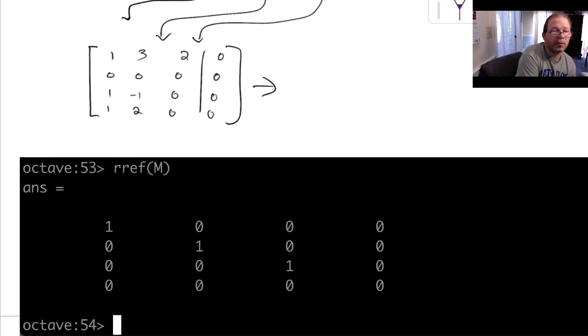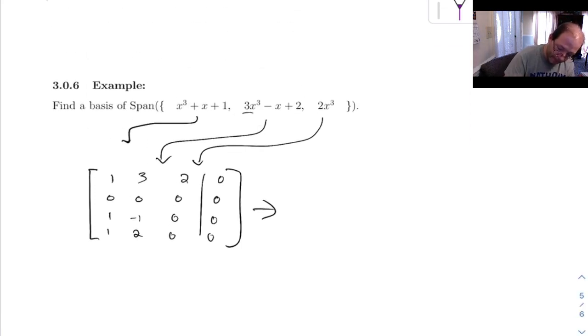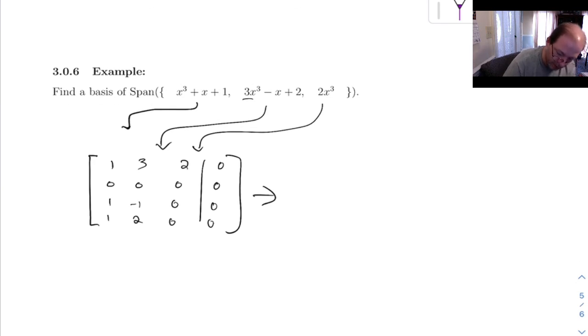Reduce that. We get a leading one in all 3 columns. So that means we need all of them. So the basis of the span of that is going to be, let's see, did I enter that correctly? I want to double check. Yes, it's not what I was expecting it to be, but this gave us a leading one in all 3 of those columns.